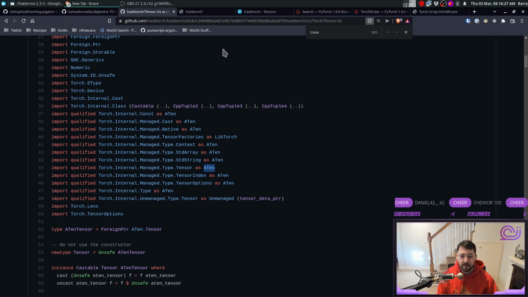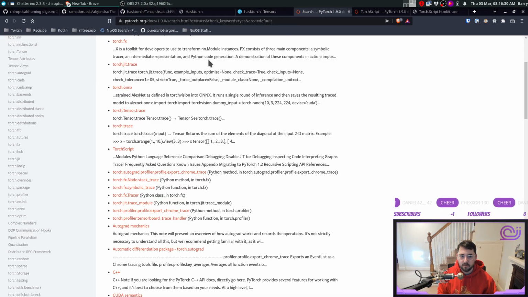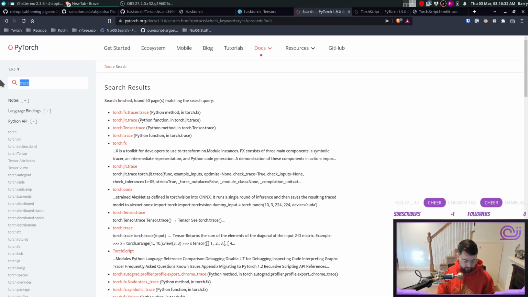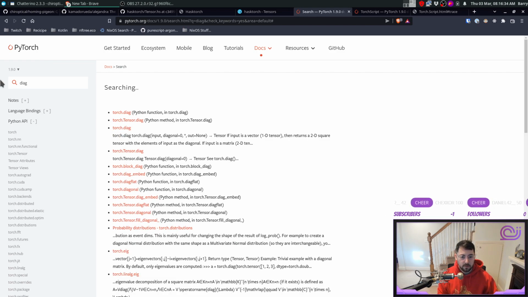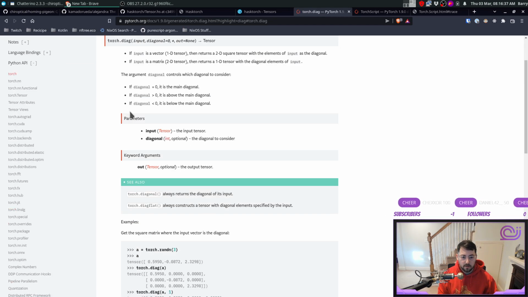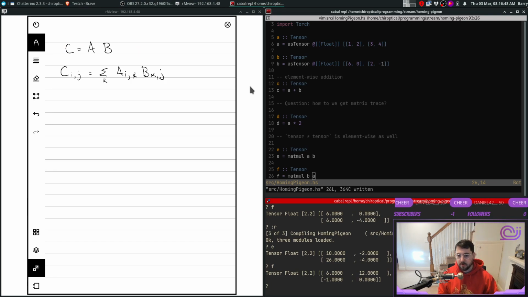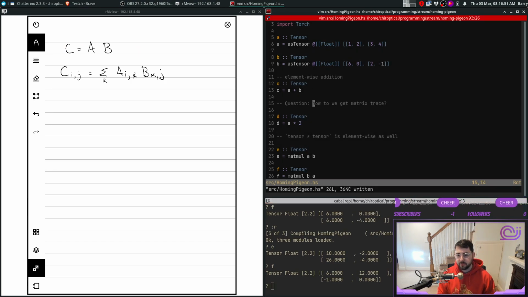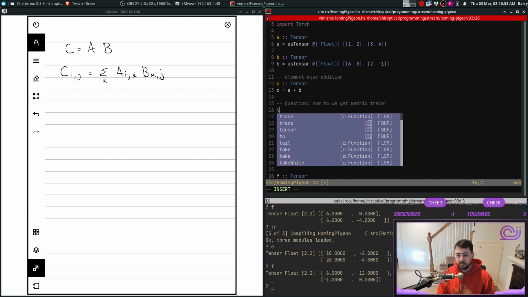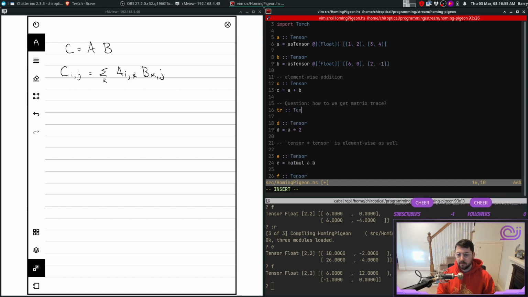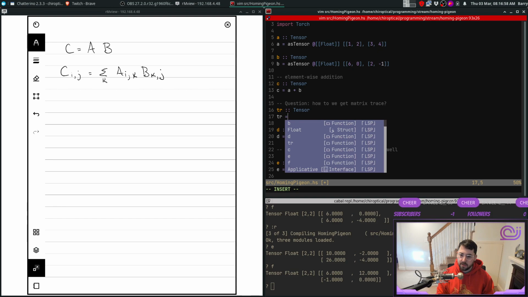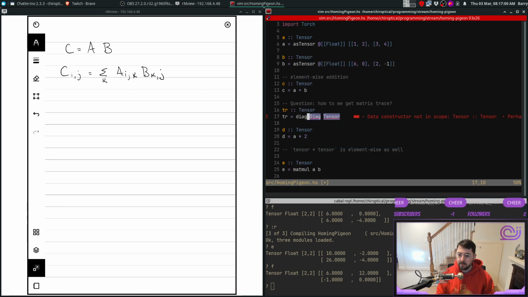Let's see if we can find a diagonal. Diag. Yep. So we probably can just do matrix trace, like TR equals diag.